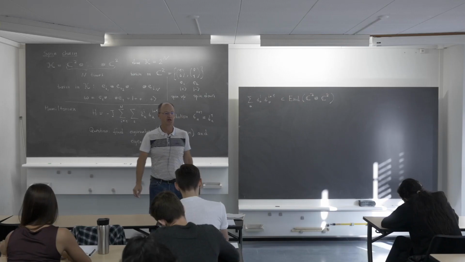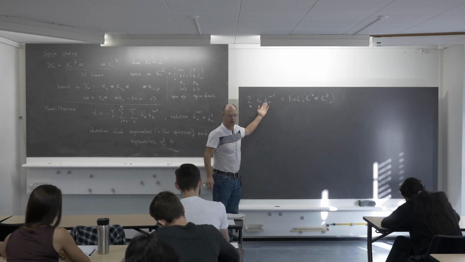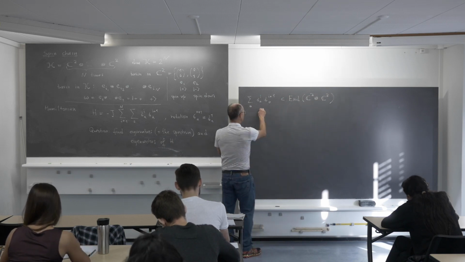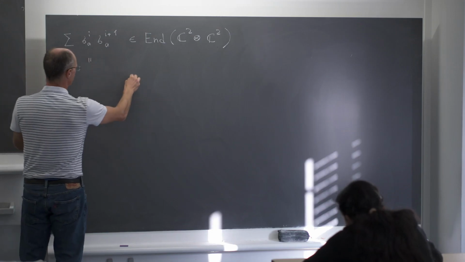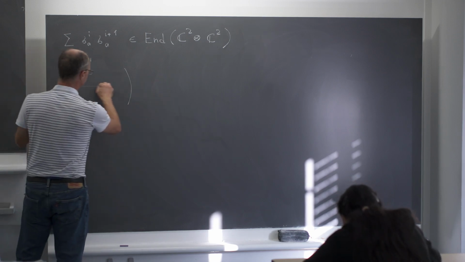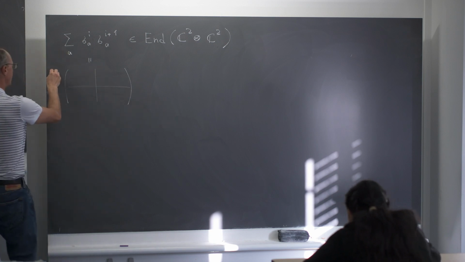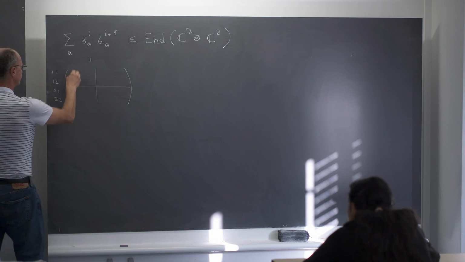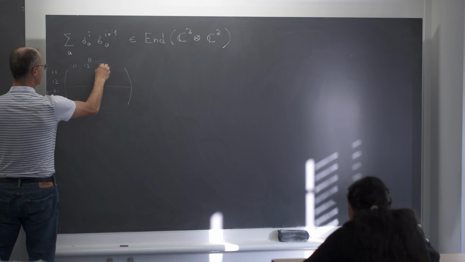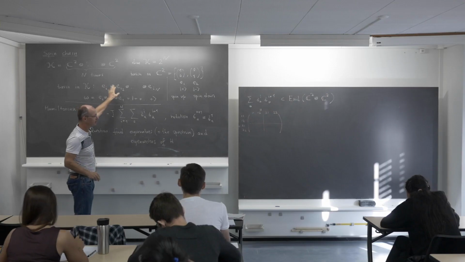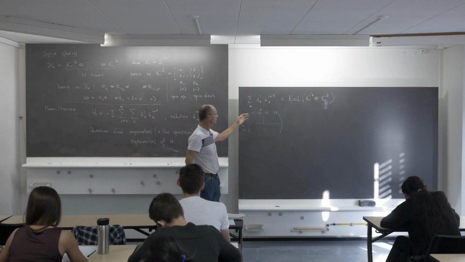Now I think at the exercises you were already looking at the form of this particular operator. This is a four-dimensional space, right? So we can actually write it as a matrix. And if I'm not mistaken, if we write it in the basis that I outlined here, now there would be only two terms, i and i plus 1, in this four-dimensional Hilbert space.